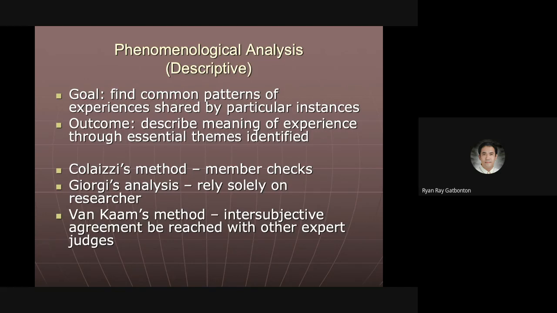That's an intersubjective agreement. That's Van Kaam's method. You try to seek the opinion of other people about your interpretation. And those people are your peers or should be your peers.